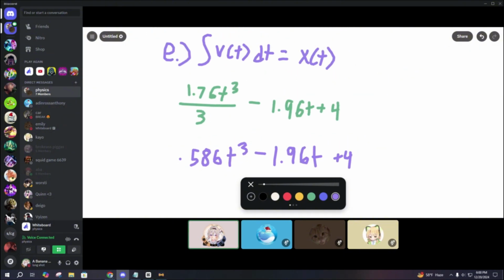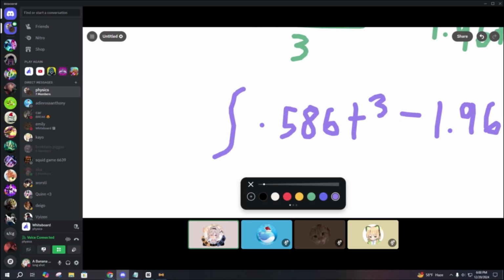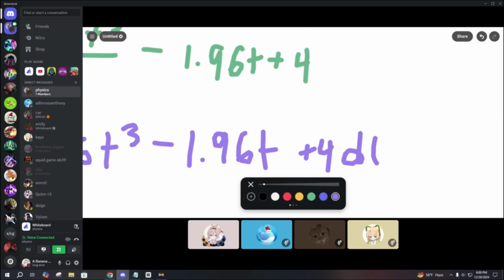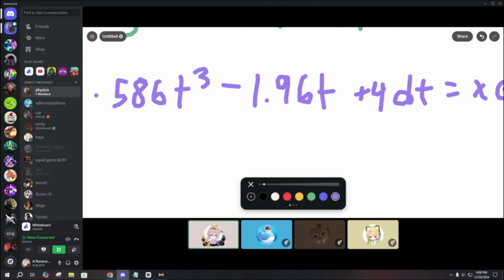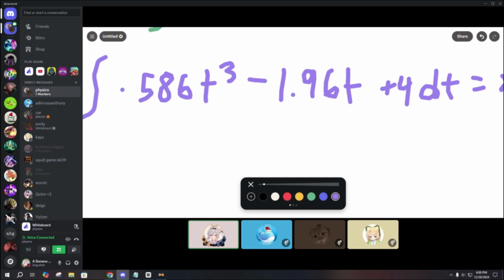Now I'm going to integrate it with respect to time to get x(t). Once again, I'm going to add to the exponent and then divide by that exponent.